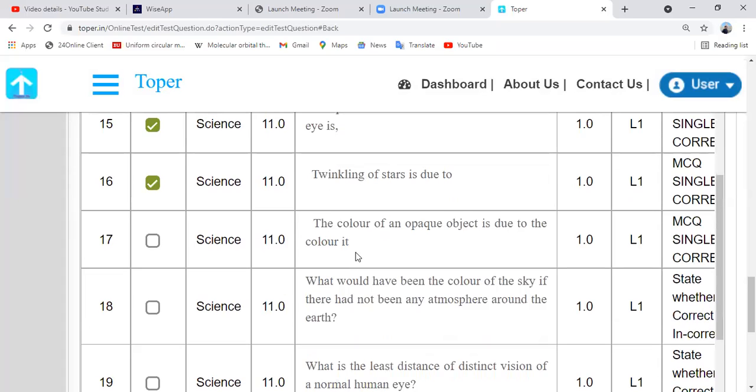Next, the color of an opaque object is due to the color it reflects. The color of an opaque object comes from the color it reflects. You can see it by the options.